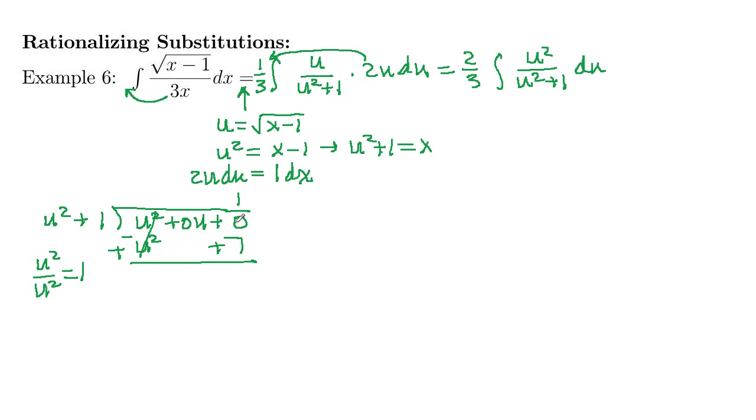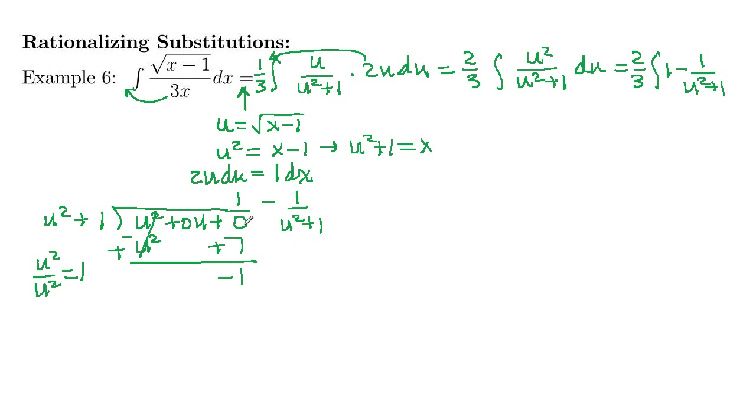These guys cancel. 0 and -1, -1. So this will be minus remainder 1 over divisor, u squared plus 1. So this is going to equal 2/3 integral 1 minus 1 over u squared plus 1.